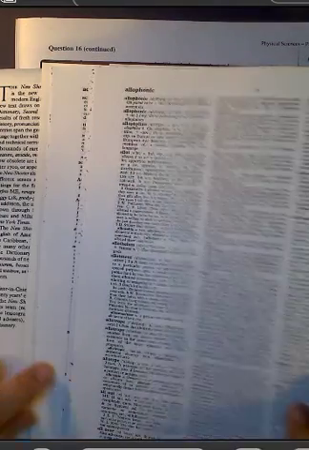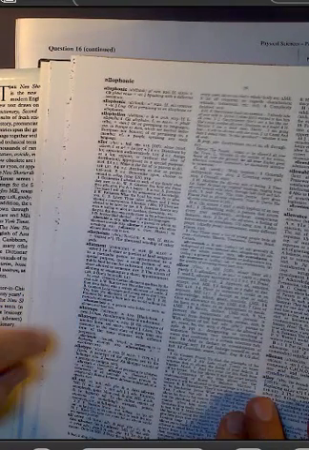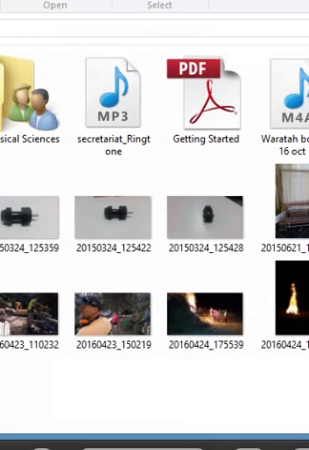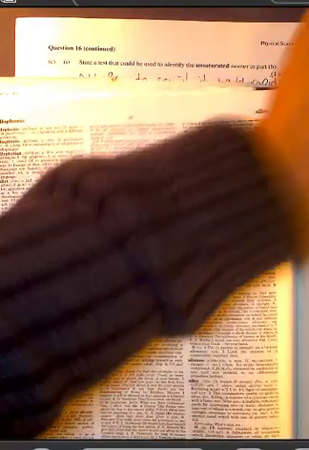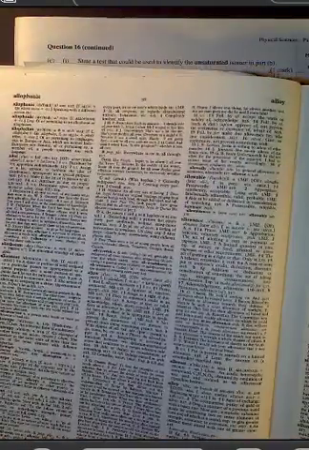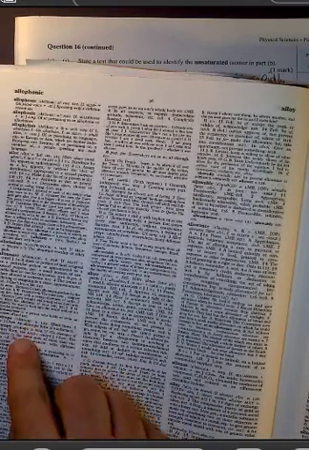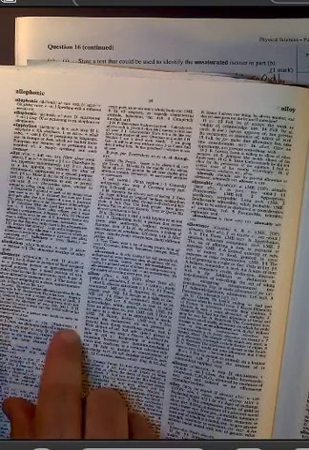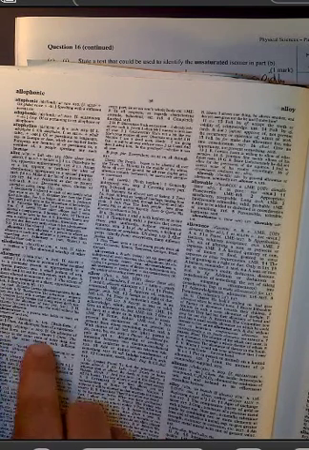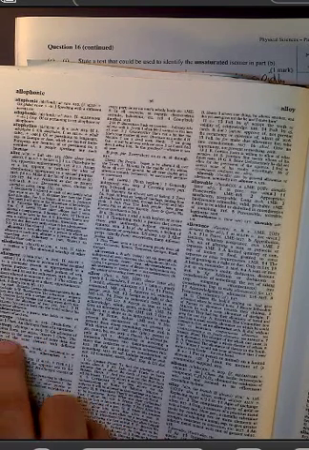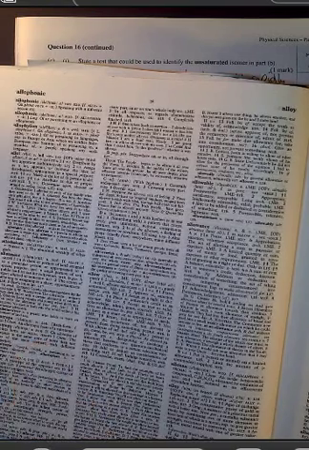You certainly wouldn't have to necessarily bring in the shorter Oxford Dictionary, but this is the only one I could find at home. It talks about allotrope, and it says the existence in the same state of more than one form of the same element with different properties. So that's what it means.